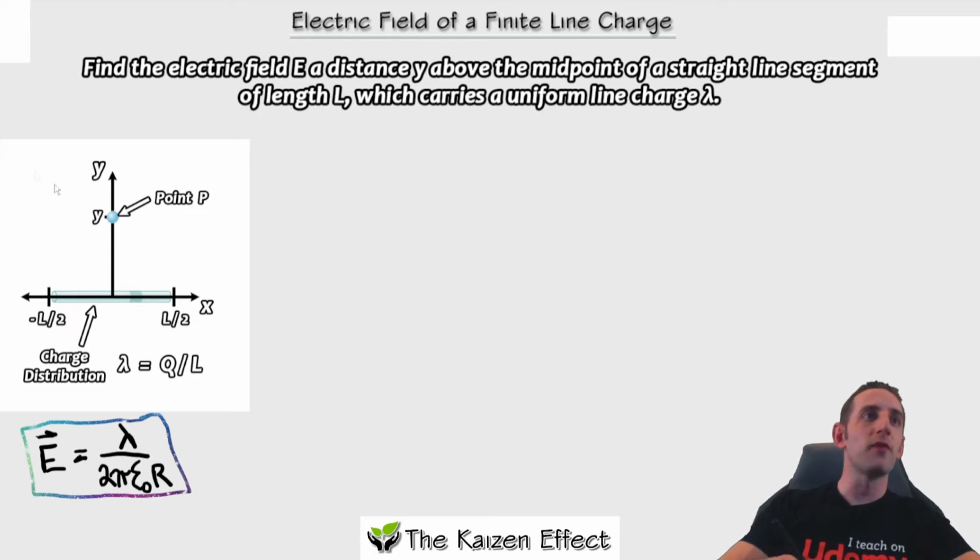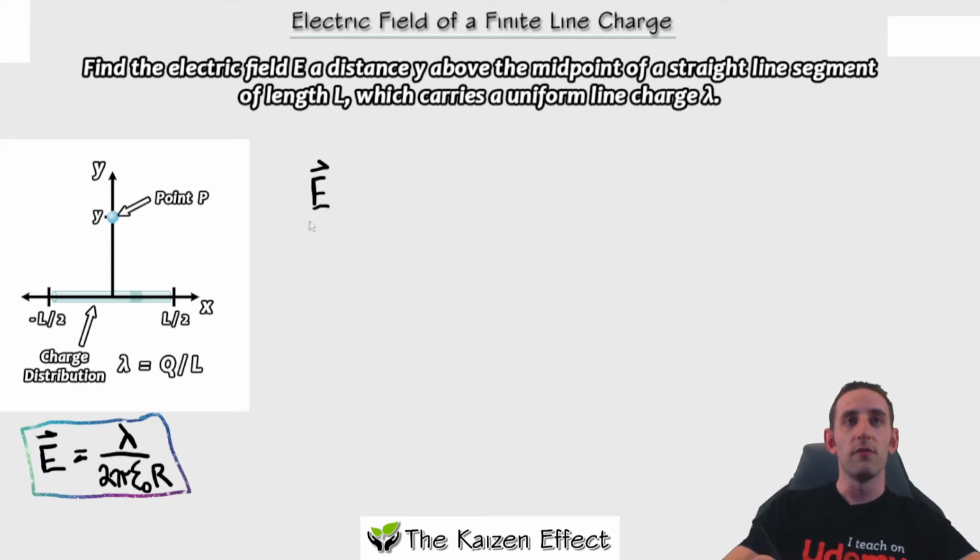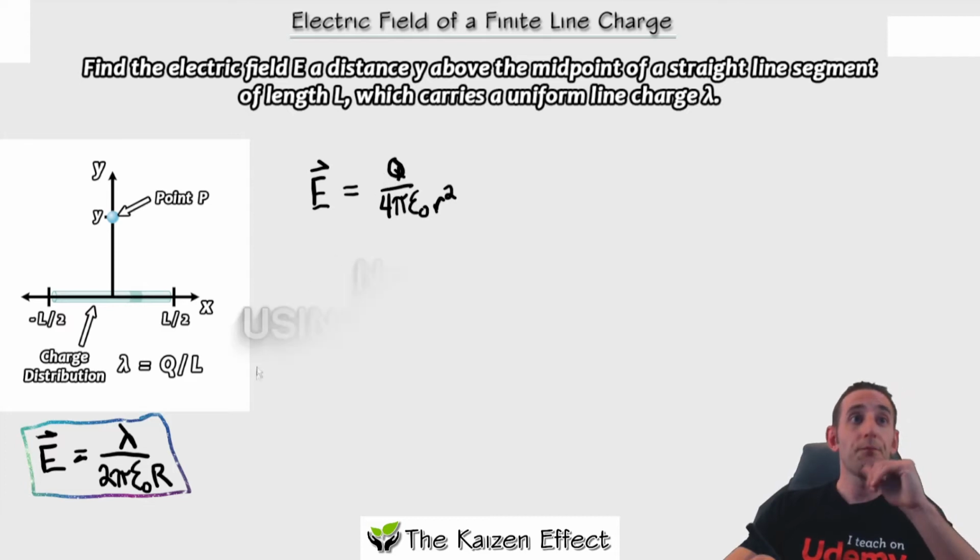So what we know from Coulomb's law is that the electric field of basically just a particle, if you will, is 1 over 4 pi epsilon naught r squared. And this guy is the charge that is enclosed. All right, so that's Coulomb's law.